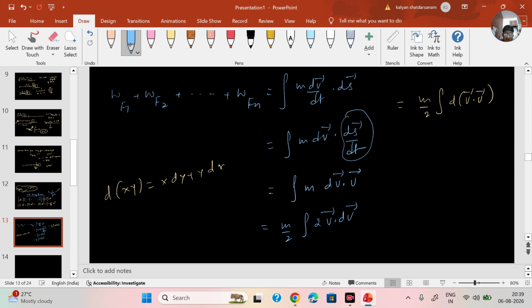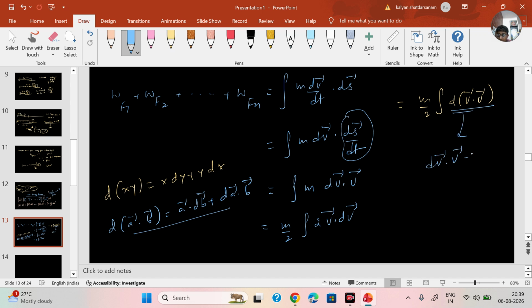We can write this even for vectors also. D of a dot b will be a dot db plus da dot b. You can do this for cross product also. Now, if you look at this, what about d of v dot v? How can you write it? dv dot v plus v dot dv, product rule. But these two are same.